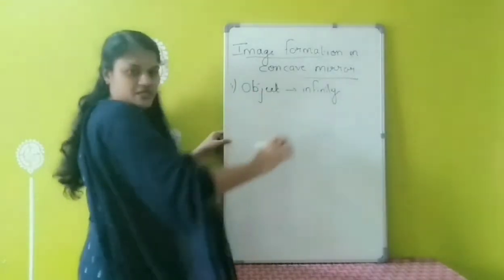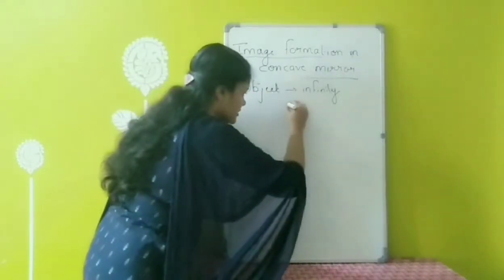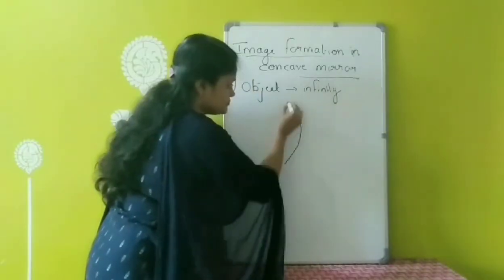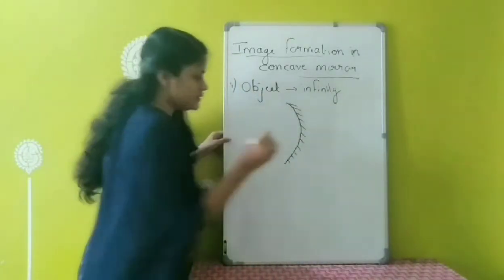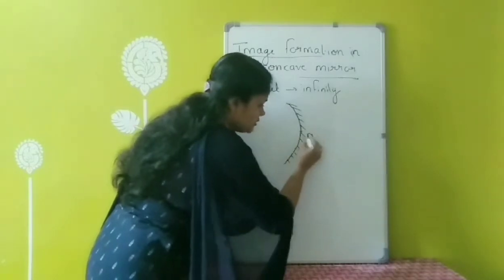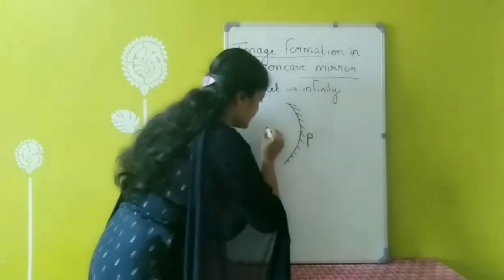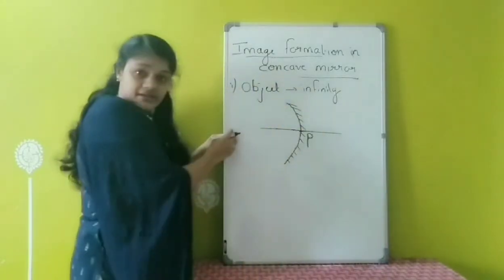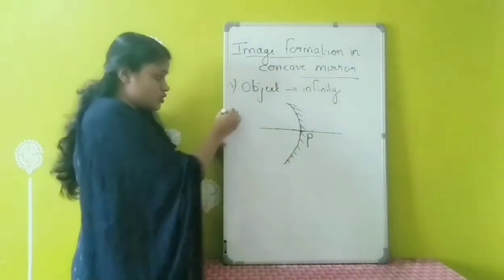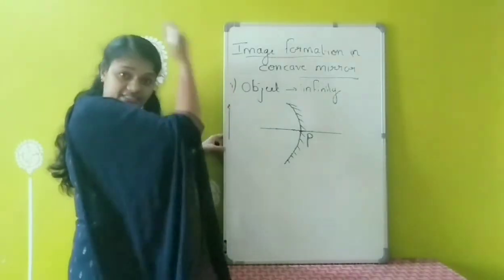So first of all, I have to draw the concave mirror, pole, and I am drawing the principal axis.